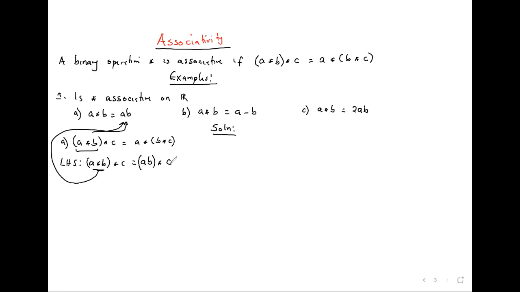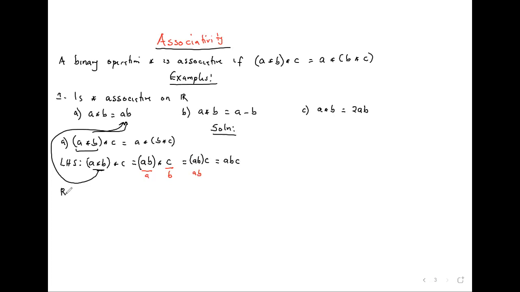The other star has been used to give us AB. This means we have our new A, this is our new A, this is our new B. So when you combine them, we should have AB. But what is our new A? Our new A is AB. Our new B is C. So we get ABC.